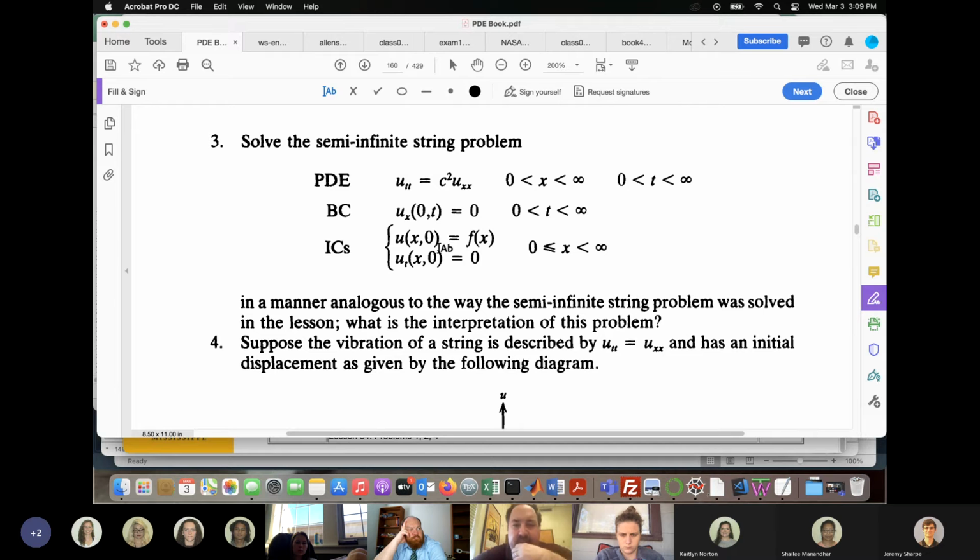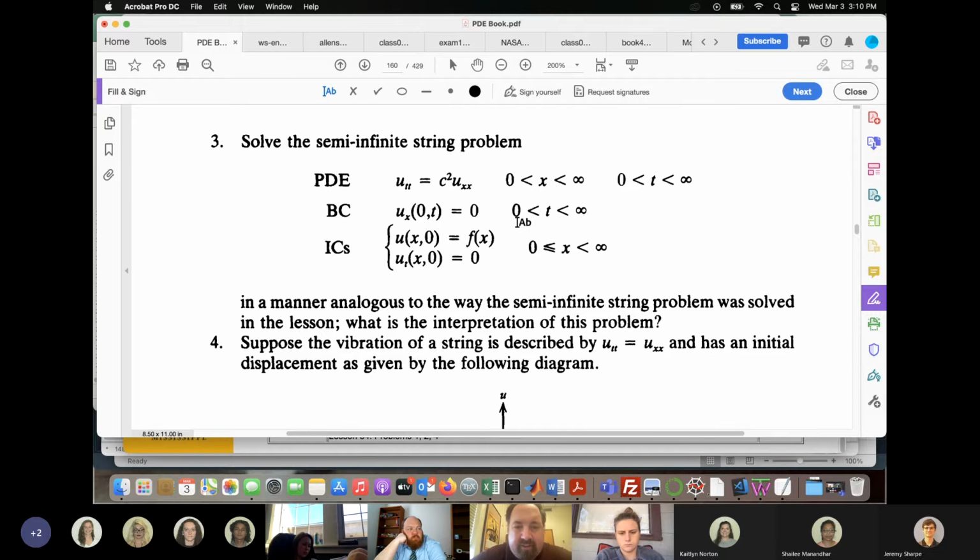Problem 3 is very similar to the example that I just worked out, except first there's a simplification that there's no initial velocity. So g is 0, so you can ignore the integral part. But look at the boundary condition: du/dx at x equals 0 is 0.